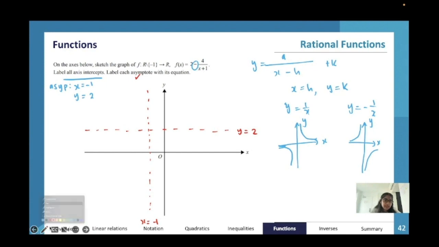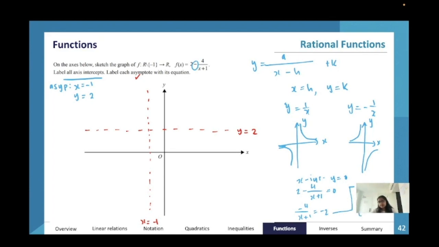Now let's find our axis intercepts. Remember, for the x-intercept, y equals 0. So 2 minus 4 on x plus 1 equals 0. Minus 4 on x plus 1 equals -2. x plus 1 equals 2. x equals 2 minus 1, which is just 1.